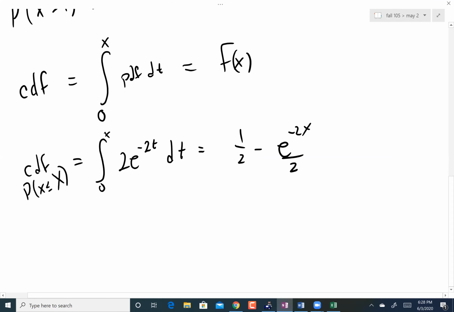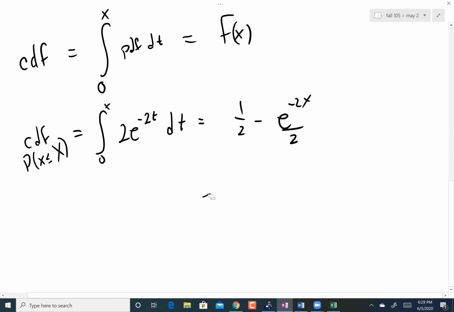Now remember, it's a continuous distribution. So the probability that x is less than or equal to 4 is the same as the probability that x is less than 4, because the probability that x is equal to 4 is 0. So what we're going to do is stick x equals 4 into this.